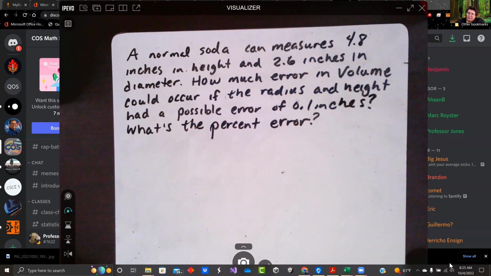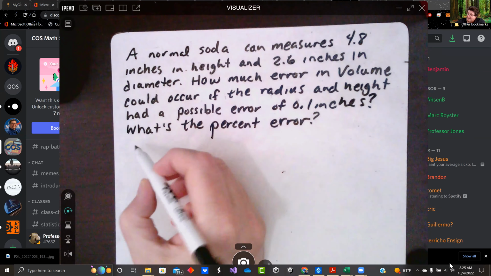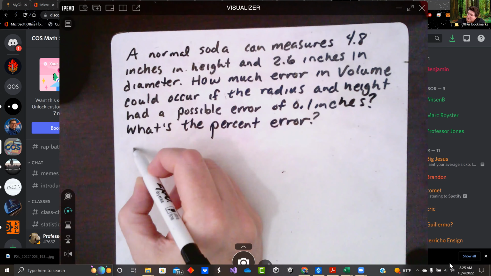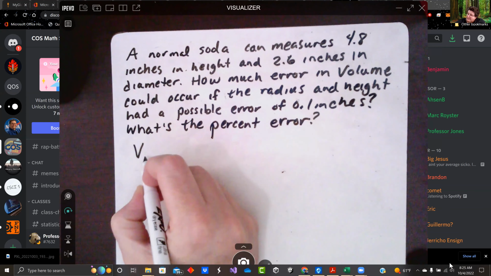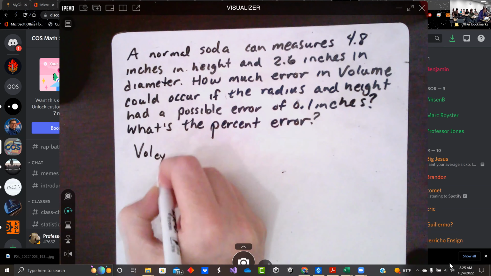So maybe a good spot to start is, what is the formula for the volume of a can? And a soda can is what shape? It's a cylinder.